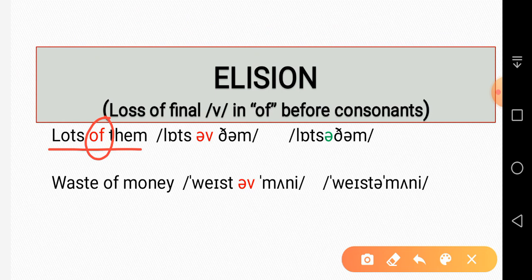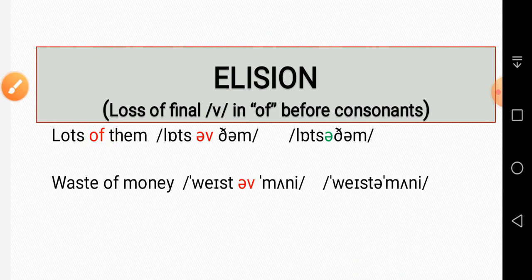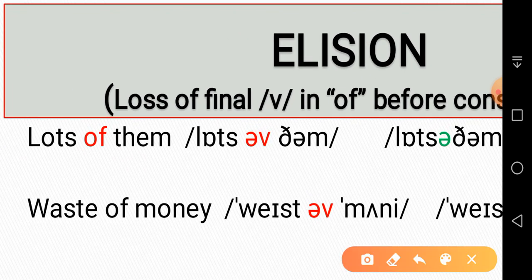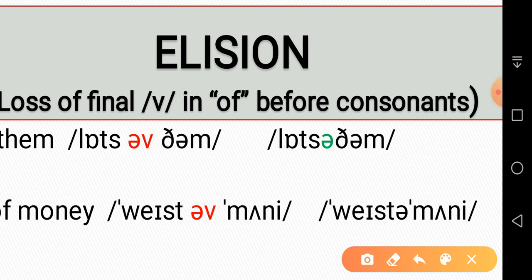Let me transcribe it. It will be transcribed like this, lots of them. Now we are going to delete this v sound. So when we delete this sound, we get lots of them. So of has been reduced, the v has been dropped. So we won't say lots of them with a full of, we say lots of them.